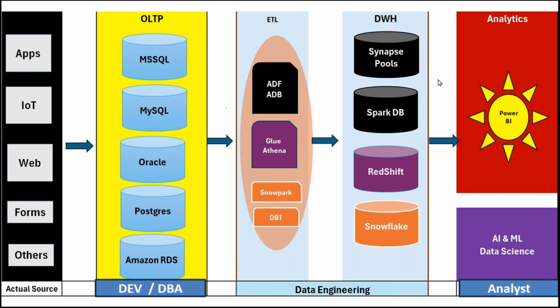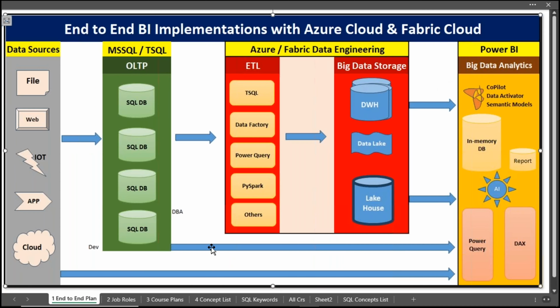This is a generic plan, the end-to-end plan in general. Coming to Microsoft end-to-end BI implementations on my screen now. Same concept within Microsoft. Various data sources, design, development, or management of OLTP. And these are all big data. The red boxes are big data, ETL and warehouse, lakehouse, etc., and reports.